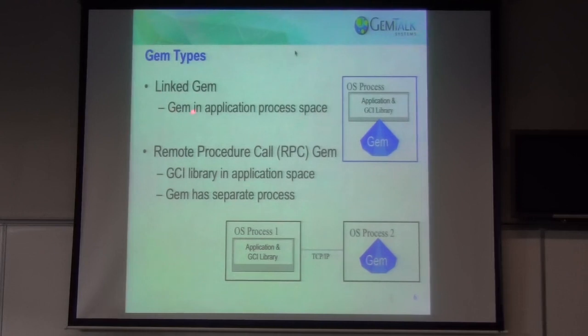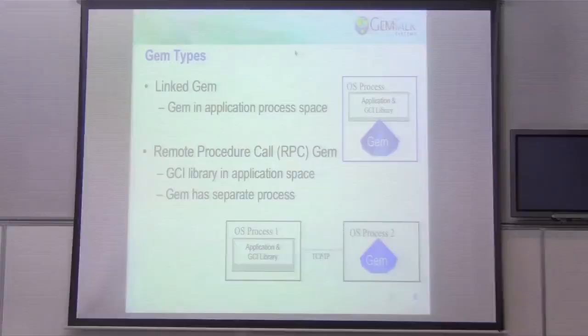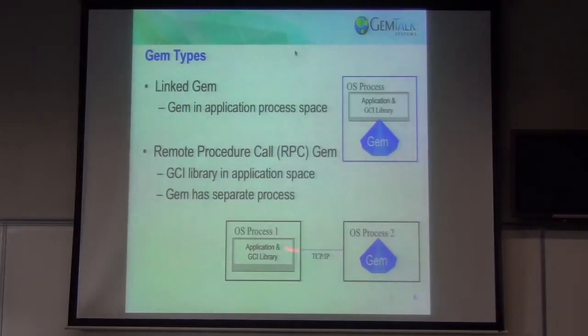With a linked gem, everything exists in one application space: your application and the GemStone virtual machine. With an RPC gem, you load the library into your application space, but then communicate over a socket to the gem that is in a separate process space.